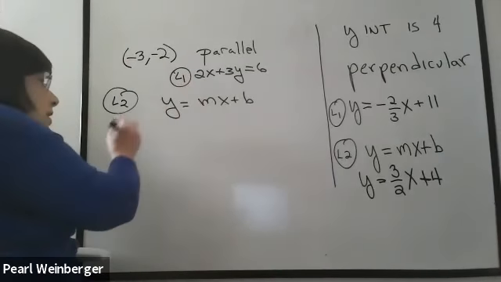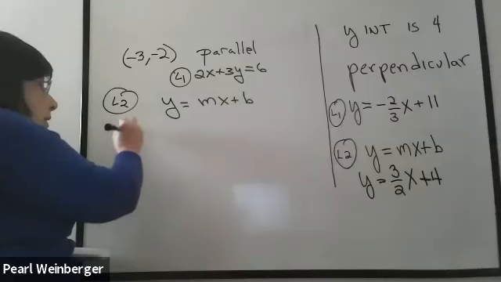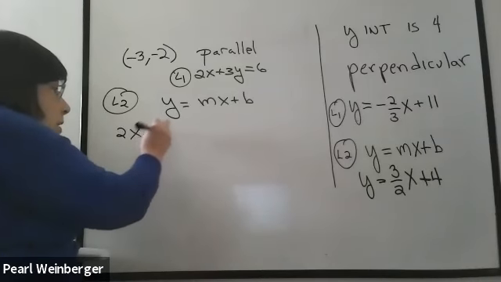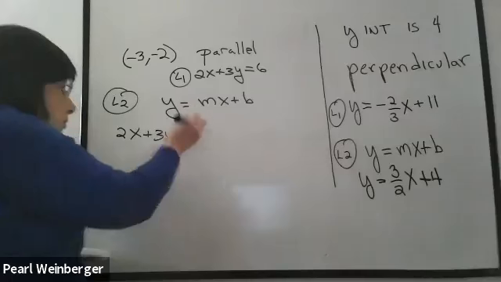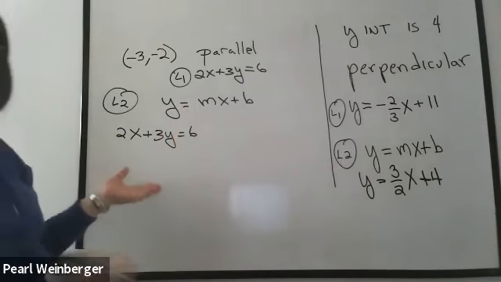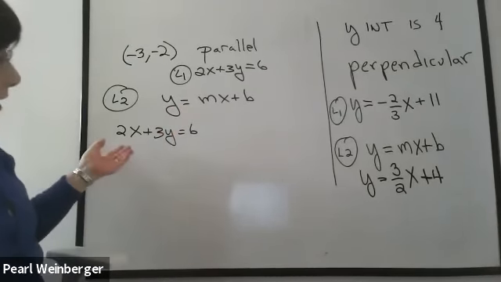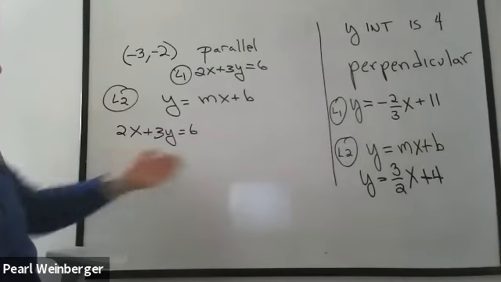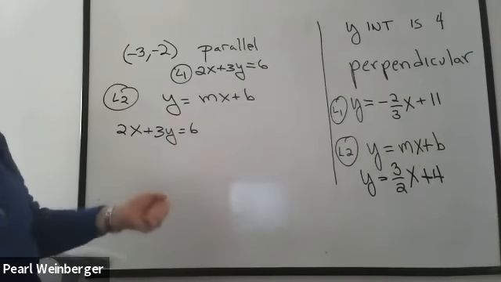Well, my first line that I gave you was 2x plus 3y equals 6. What's the slope of that line? Well, I can't give you the slope directly because it isn't y equals.